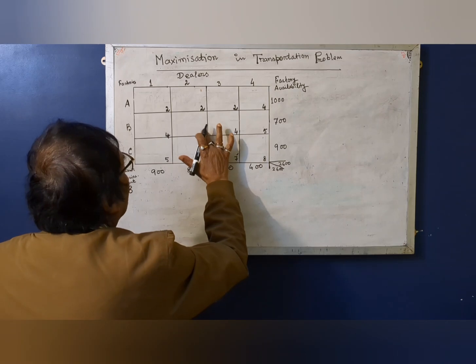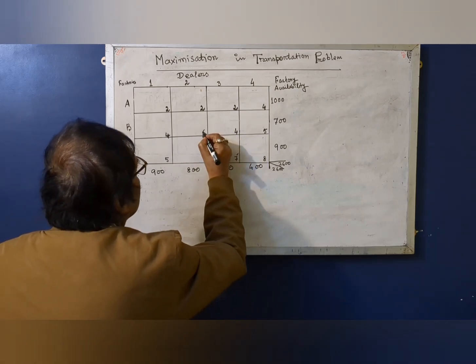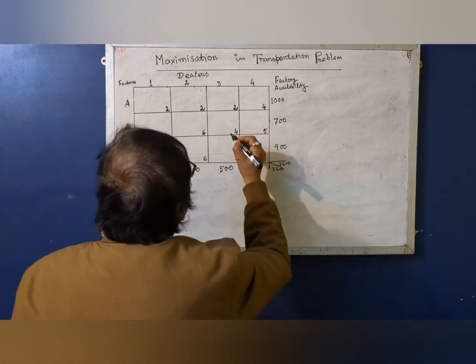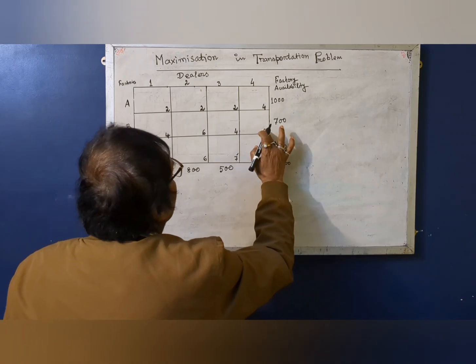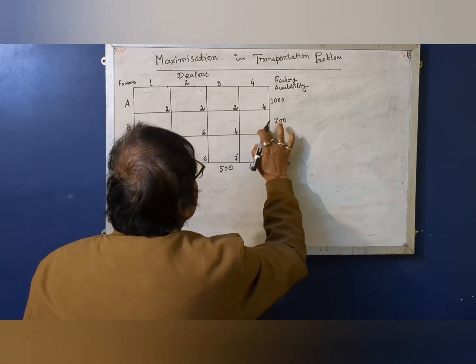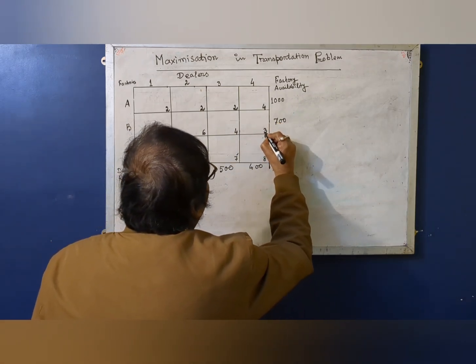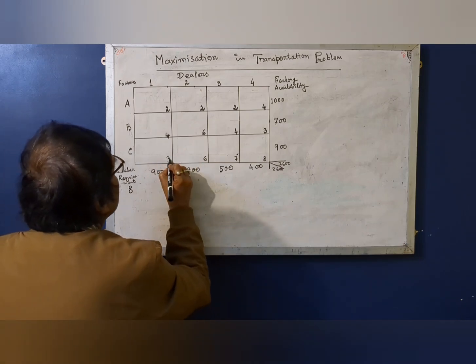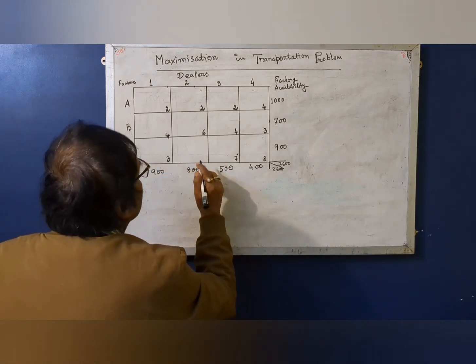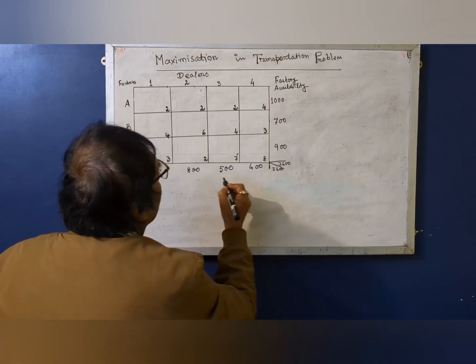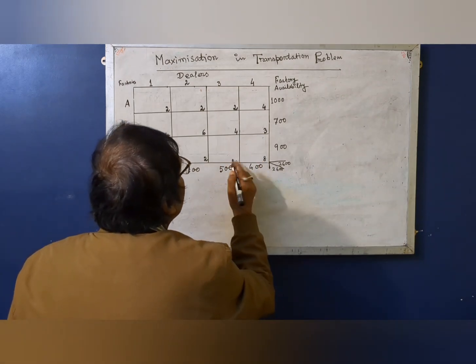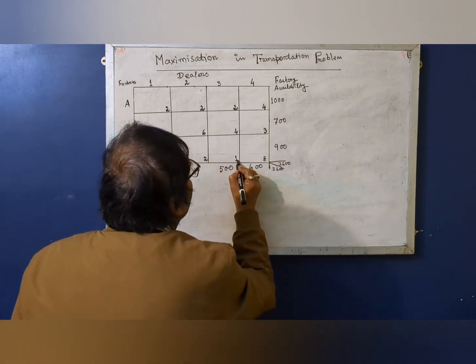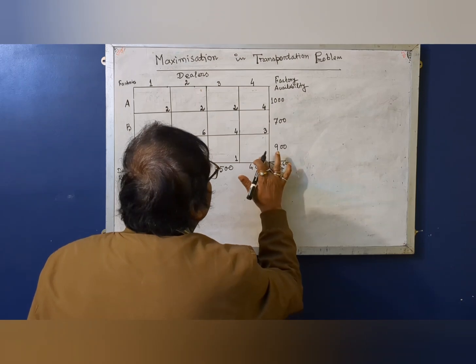And 8 minus 2 is 6. 8 minus 4, again it is 4. 8 minus 5, that means it is 3. Now 8 minus 5, that means it is 3, and 8 minus 6, it will be 2. 8 minus 7, it will be 1, and 8 minus 8 is 0.